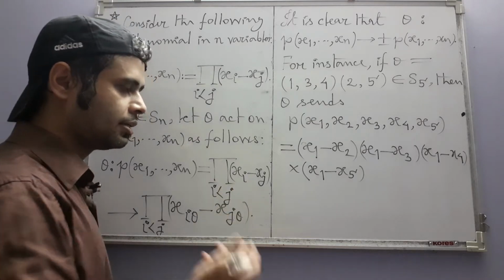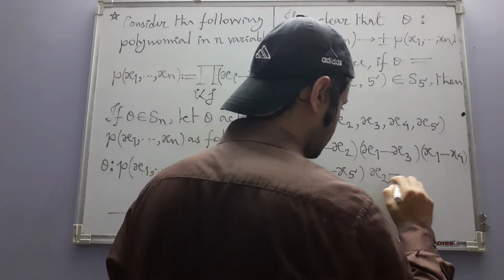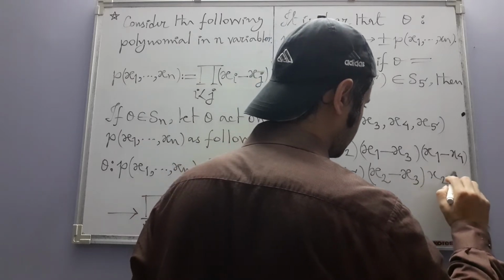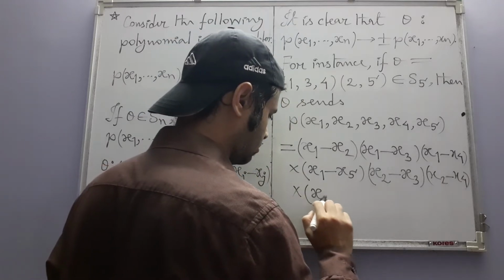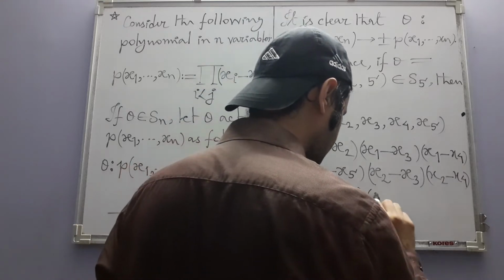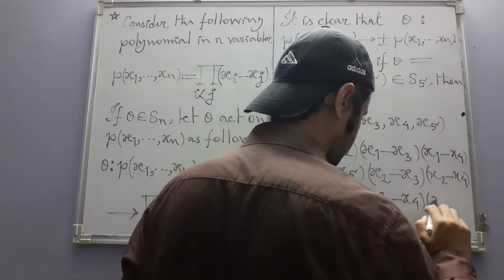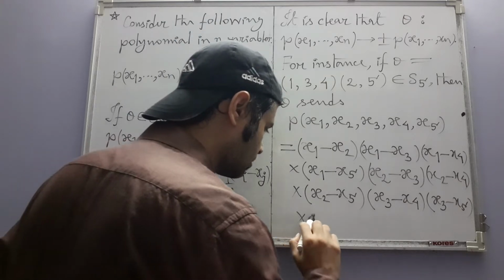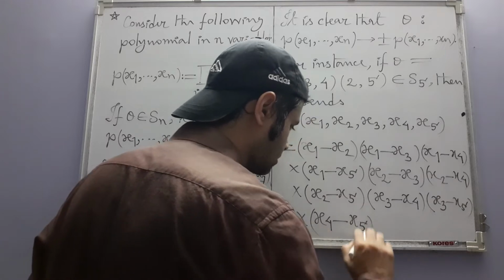Then we take I equal to 2 and repeat this procedure. 2, 3, 2, 4, 2, 5, then 3, 4, 3, 5, and there will be one more factor, x4 minus x5.